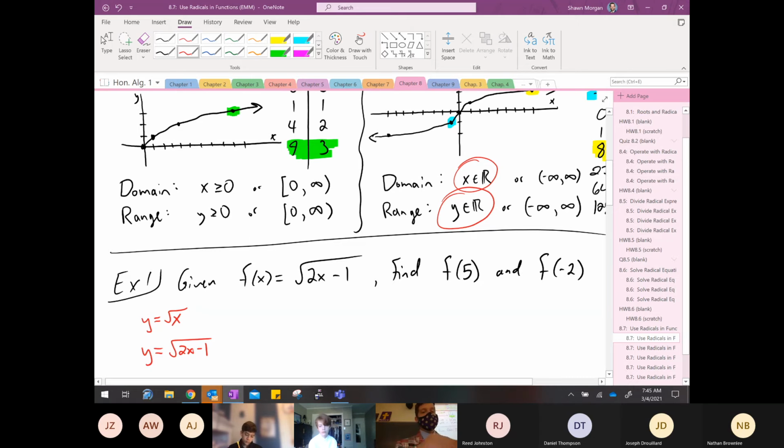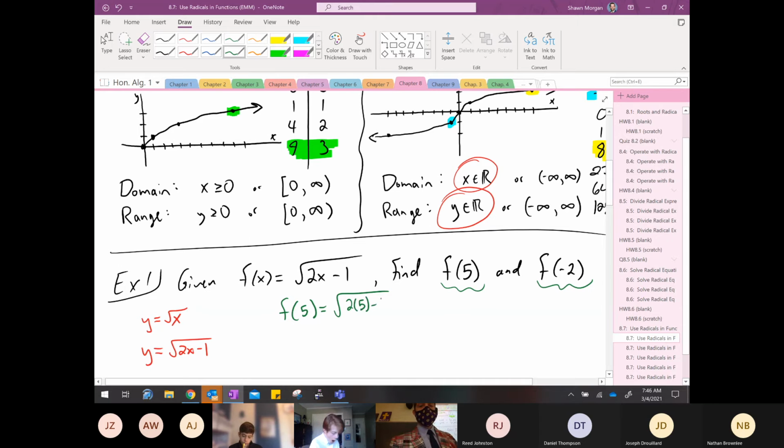But right now, I want just to simply know what is f of 5 and what is f of negative 2. Mossy, help me with f of 5. What do I do? What is f of 5 going to be as far as calculations go? How do I run those numbers? Fabulous.